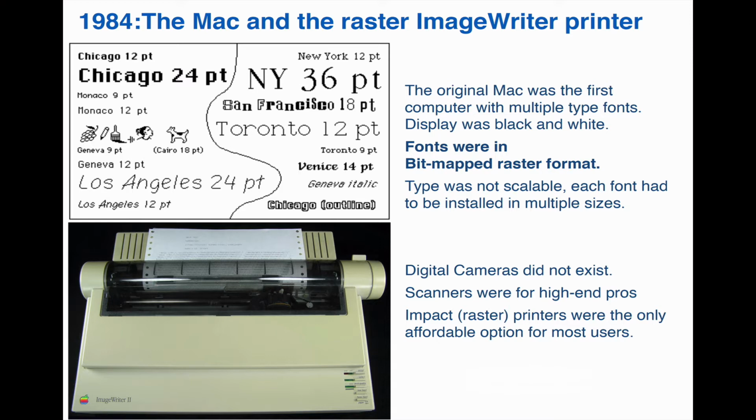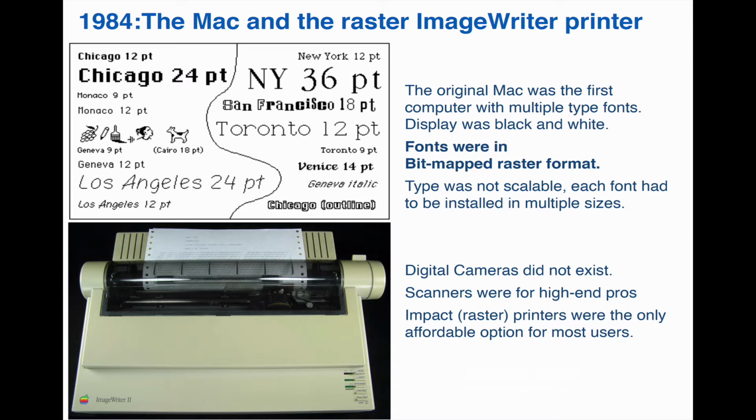And as often happens when users got their hands on this technology, as crude as it was by today's standards, they started doing all kinds of things that the original engineers had never imagined. Once again, recall that in this time, digital cameras didn't exist.